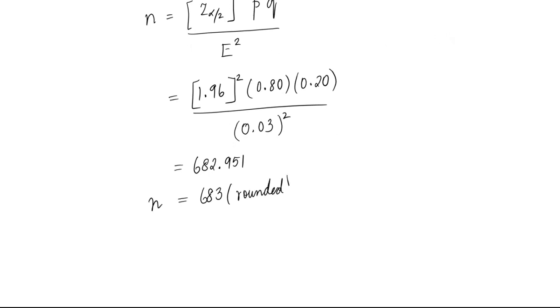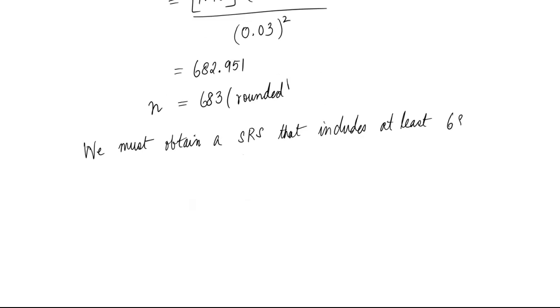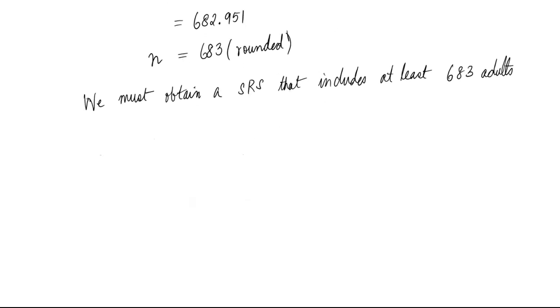We're always better off rounding up than down. So then we say, we must obtain a simple random sample that includes at least 683 adults. That was for part A.